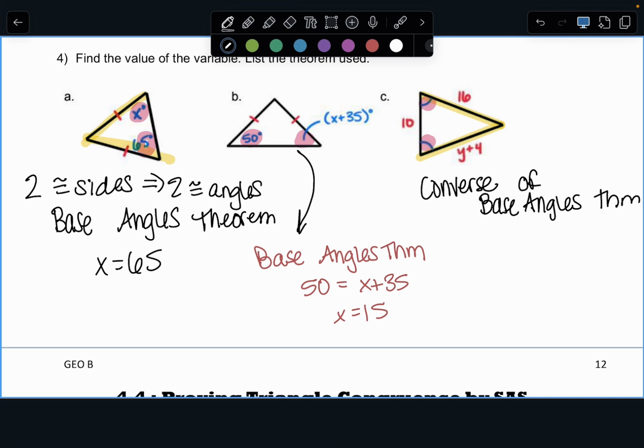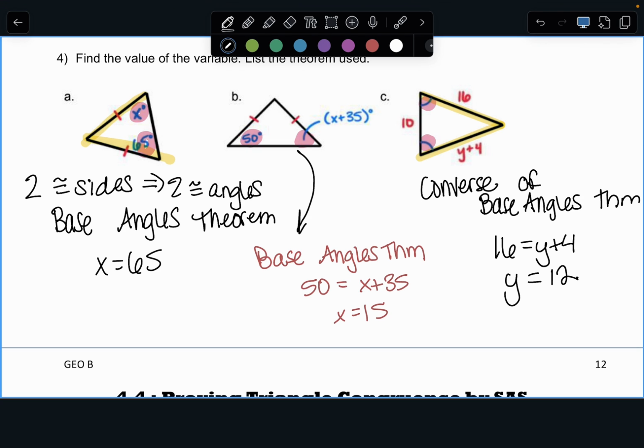If I'm using the converse, I can set the sides equal to each other. I can say 16 is equal to y plus 4, and we end up getting y is equal to 12.